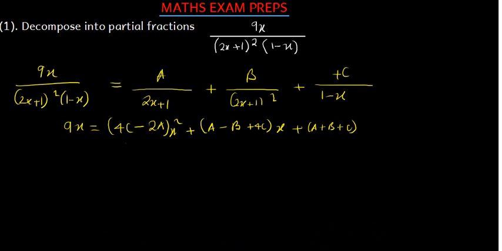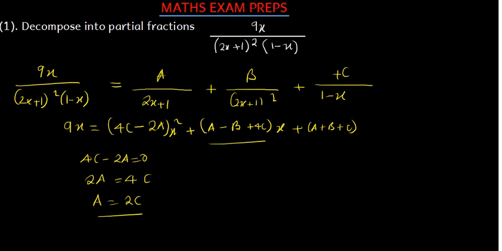So we're going to equate this to what is on this side, but we don't have anything in x squared, so 4C minus 2A is going to be equated to 0. I can take 2A this side. That means 2A is going to be equal to 4C. So divide by 2, A is going to be equal to 2C.